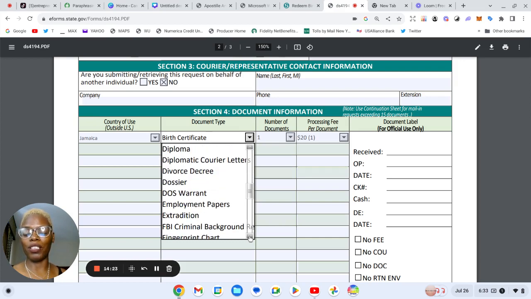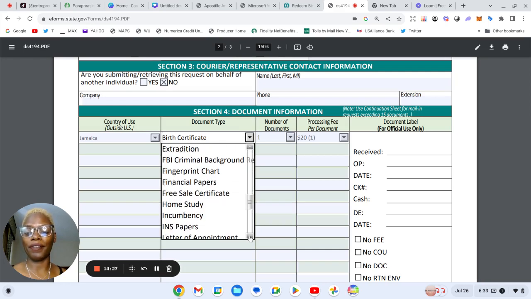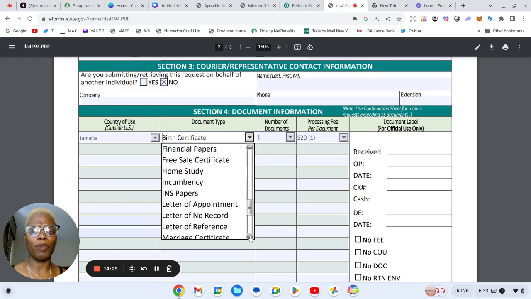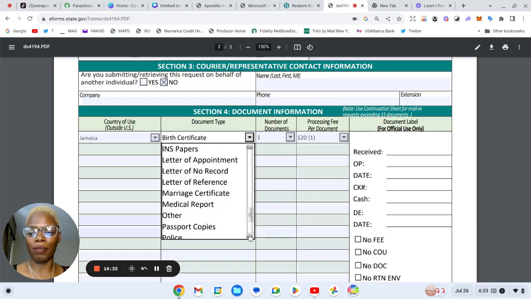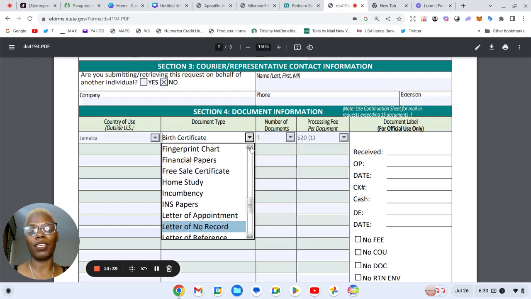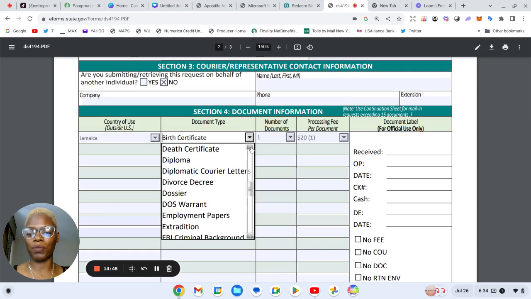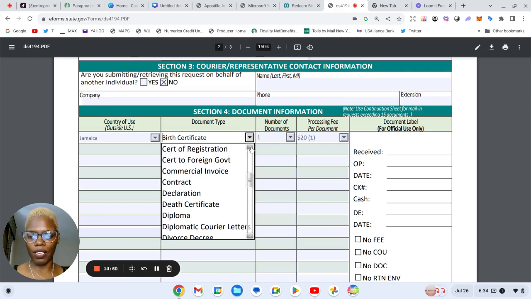You can get so many things or documents certified, to get them authenticated, to say they are the original copy, to say that they are legit copies. But these are your actual options and selections of what can be authenticated. But we are going to stick with what? The birth certificate, because this is what this video is about. So you will highlight birth certificate.